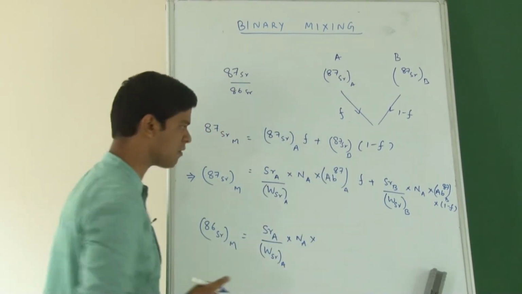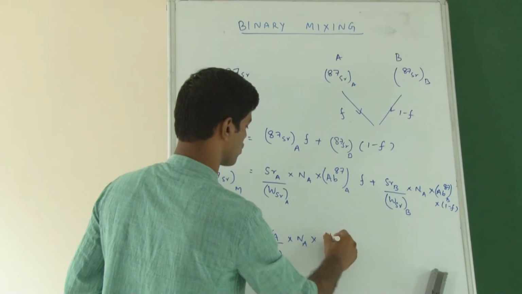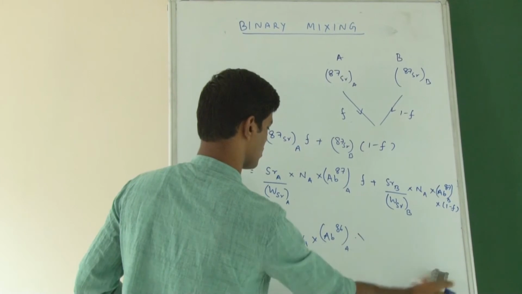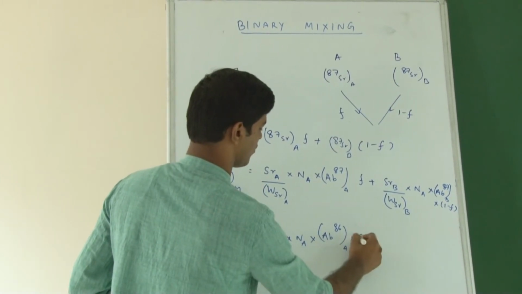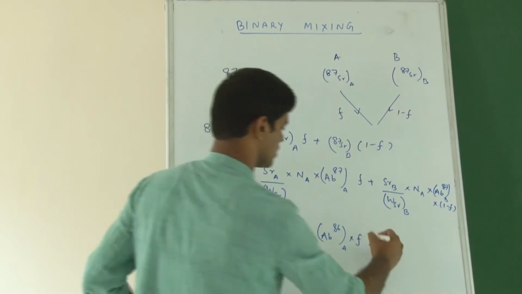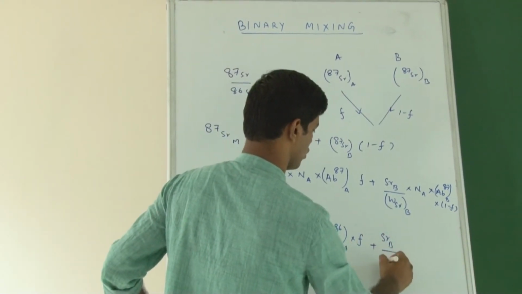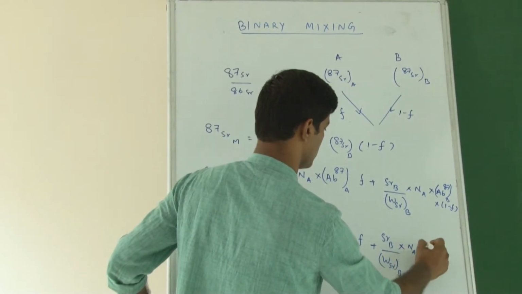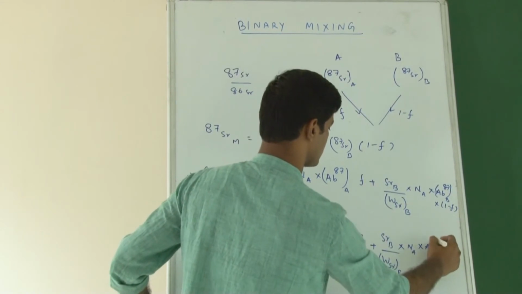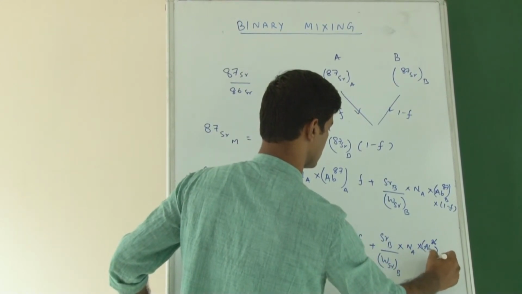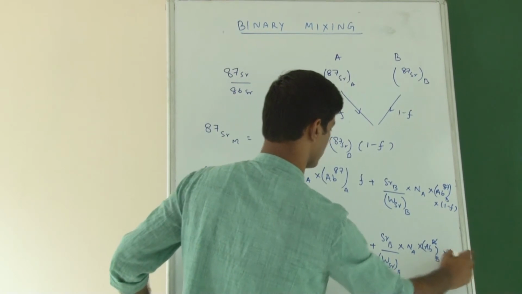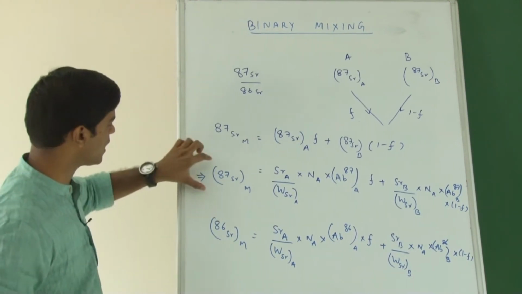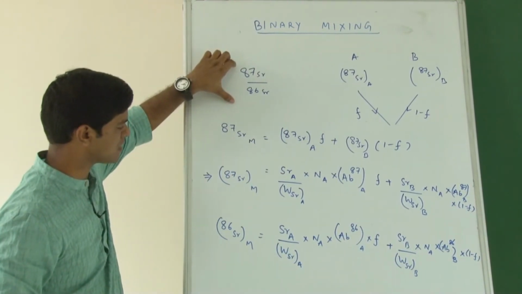Instead of 87 abundance here, this will be abundance of 86 in A into F, plus strontium B, atomic weight of strontium in B, Avogadro's number, abundance of again 87 becomes 86 here, so that is in B into 1 minus F. So, this is the expression for 87 strontium mixture. Now, we are interested in 87 strontium by 86 strontium.